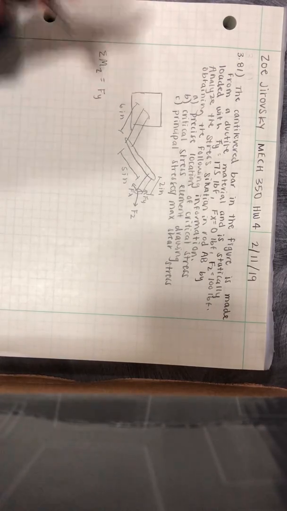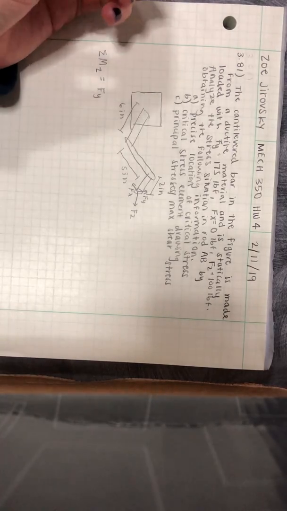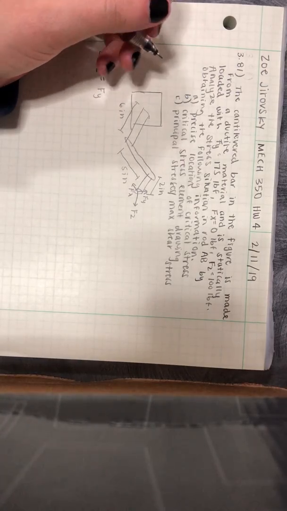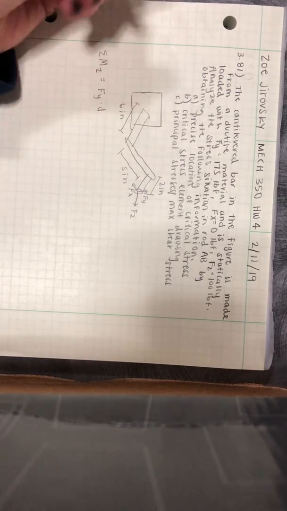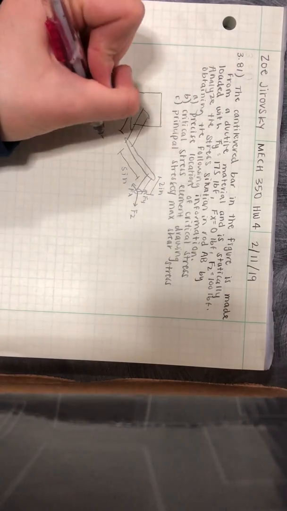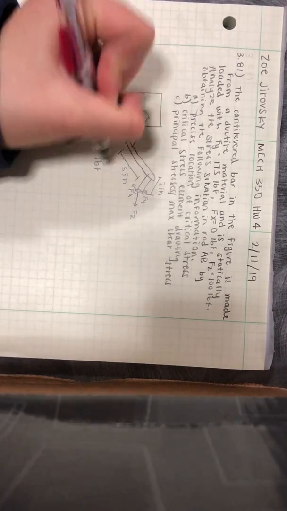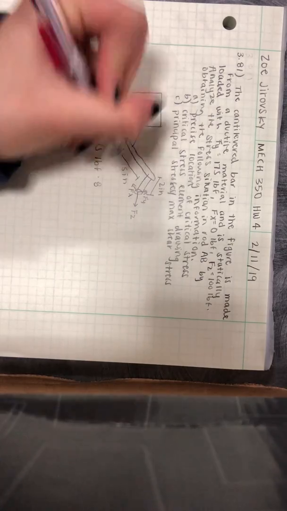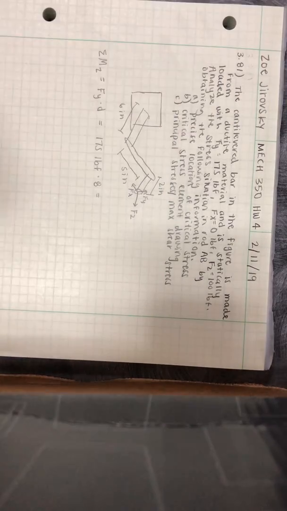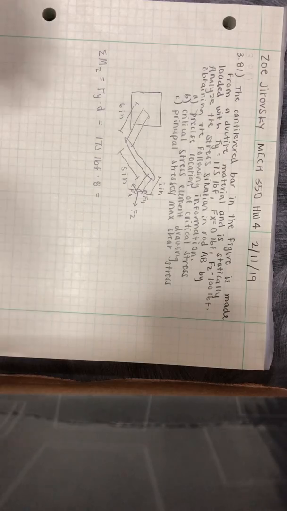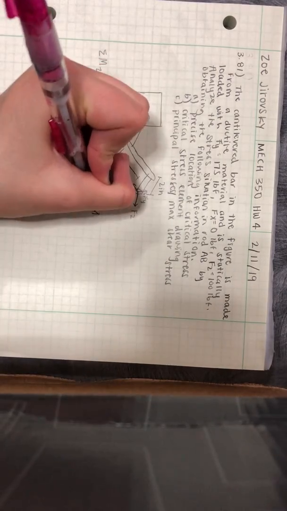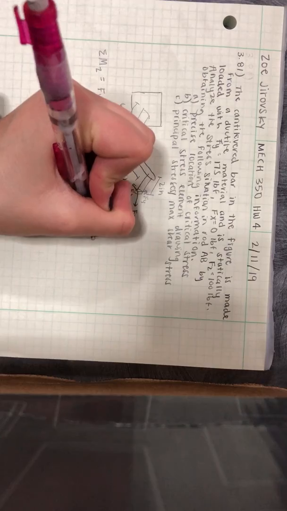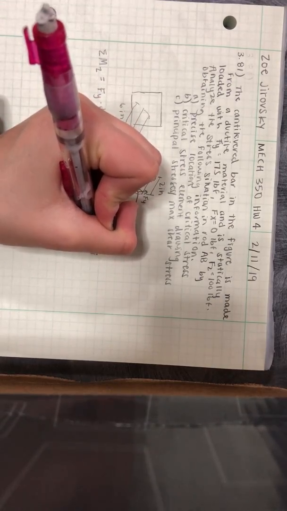In this case, we would have the force of Fy multiplied by the distance, which is 175 lbf times 8. 175 times 8 is going to be 1400 lbf inches.